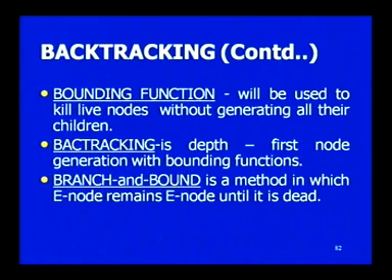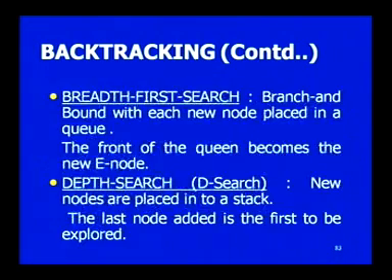If I use these sorts of bounding functions, then this becomes another paradigm called the branch and bound technique, where the E node will always remain the E node until it is dead. Branch and bound exclusively uses BFS, and if necessary we can also change the search trees to reflect the problems of our undertaking.